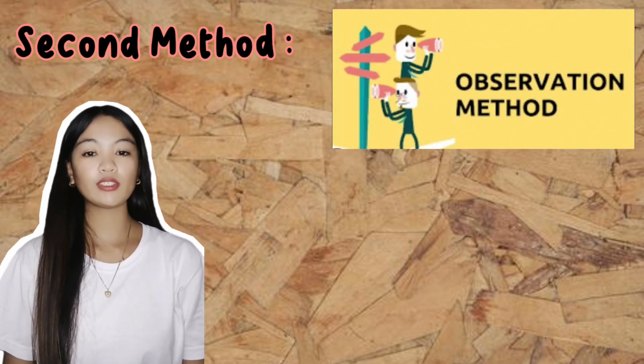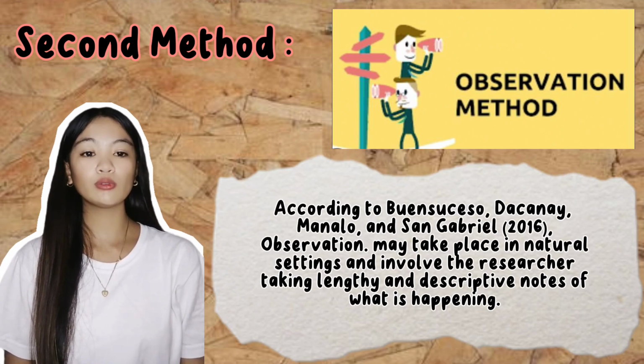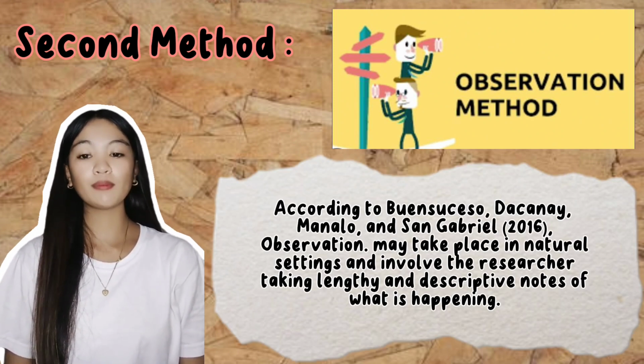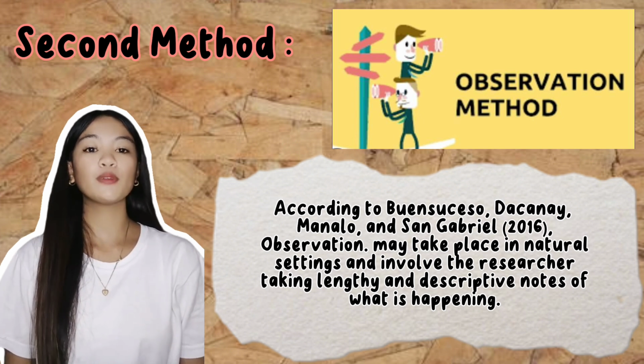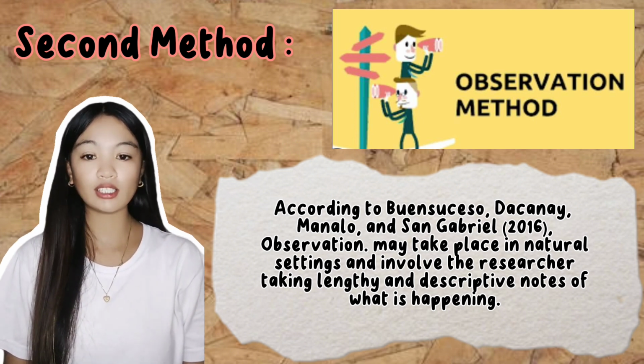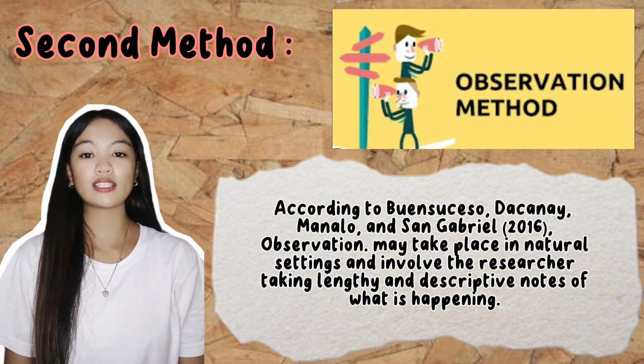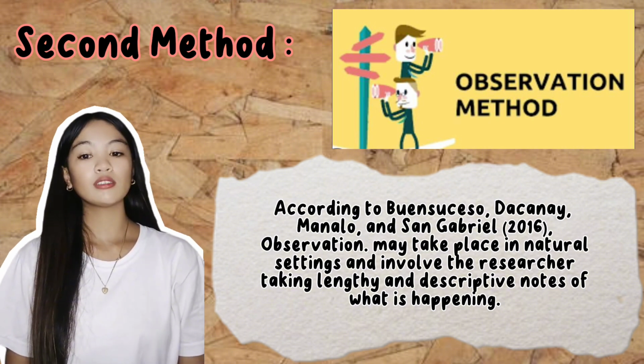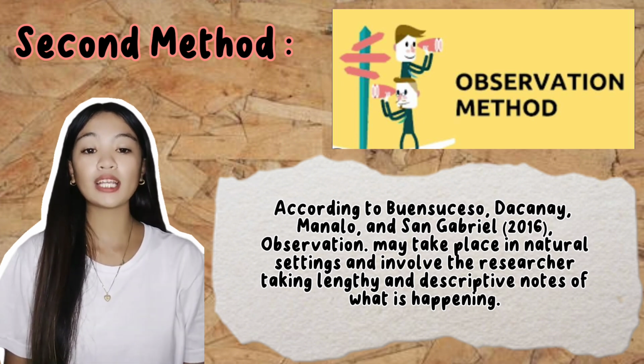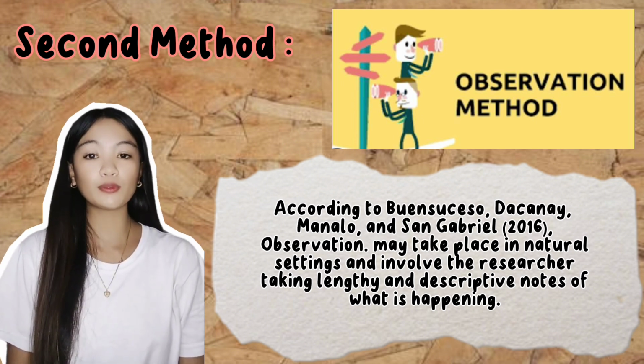So, the second method is observation. According to Wenceslao, Dacanay, Manalo, and San Gabriel, observation may take place in a natural setting and involve the researcher taking lengthy and descriptive notes of what is happening. So, observation, as the name implies, is a way of collecting data through observing.